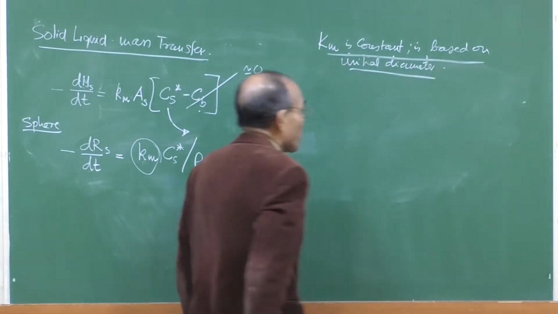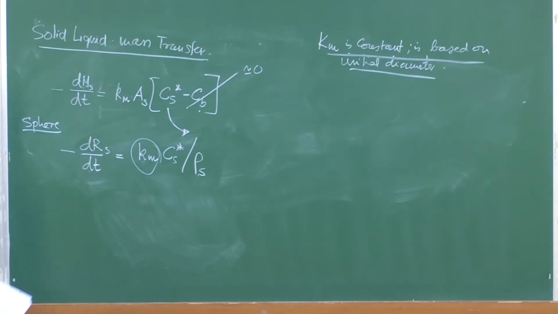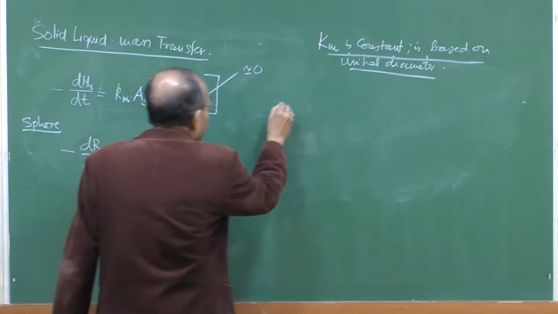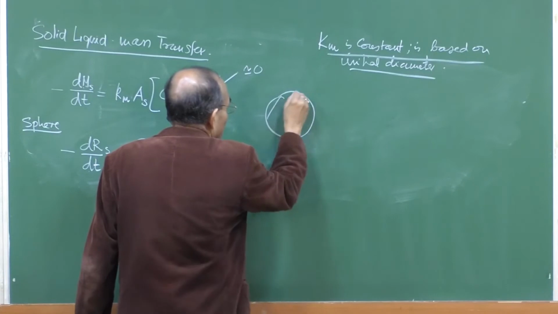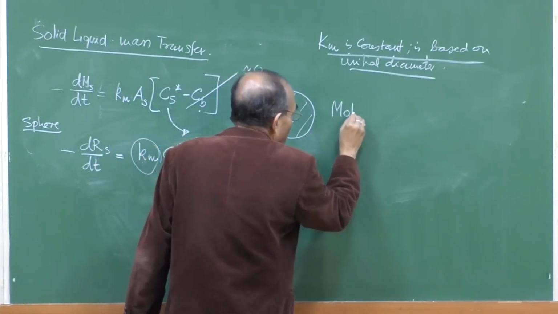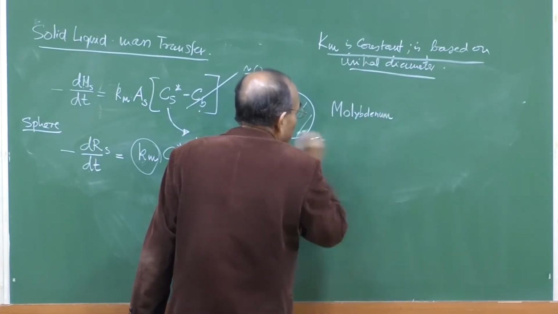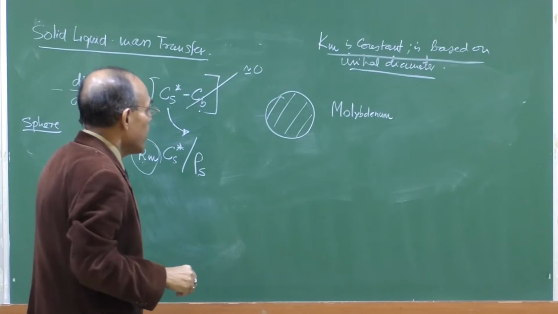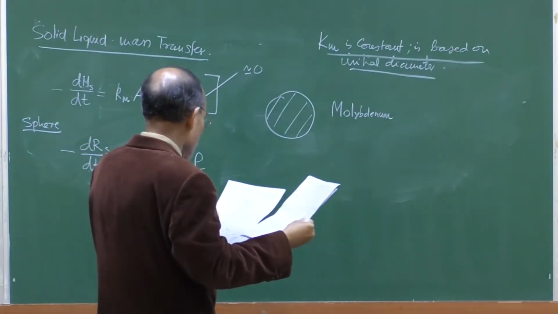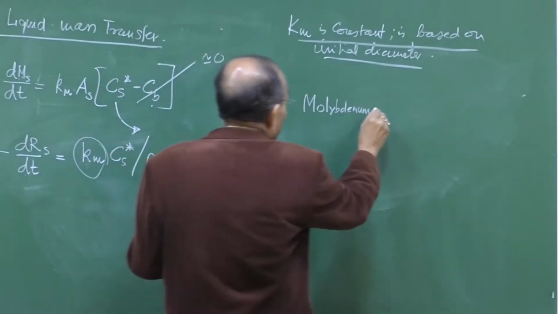And let us now set a problem to find out a complete dissolution time. The problem is, we have a sphere of molybdenum. I am proposing the problem formulation: the diameter of the molybdenum sphere is 70 mm.